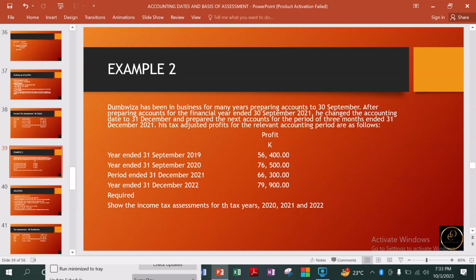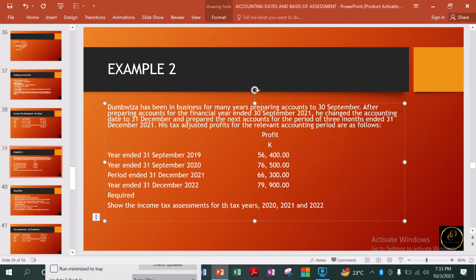After preparing accounts for the financial year ended 30 September 2021, he changed the accounting date to 31st December and prepared the next accounts for the period of 3 months ended 31st December 2021. His tax adjusted profits for the relevant accounting periods are as follows.